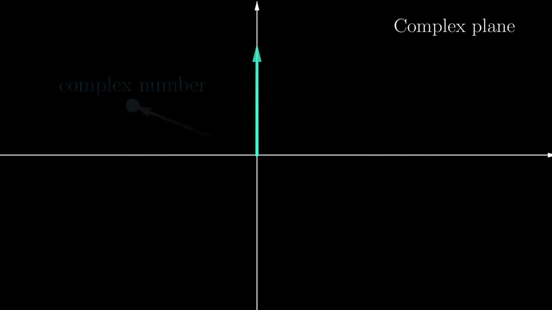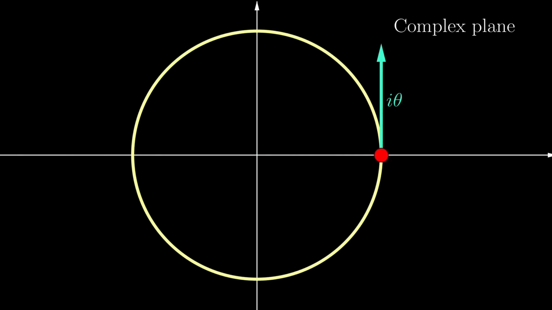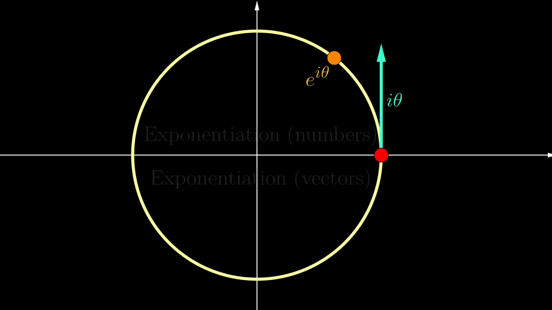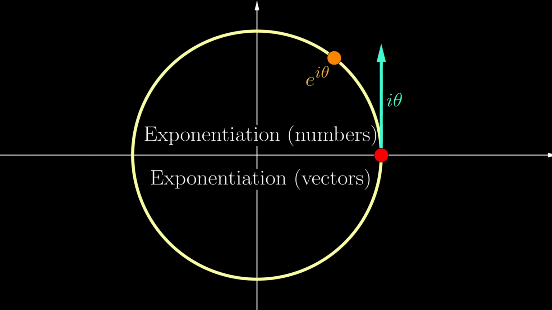So in the case of an upward vector, it corresponds to a purely imaginary number iθ. So with a tangent vector being described as iθ, if we exponentiate the vector during the parallel transport along the circle, we will get a point which actually is e^(iθ) in the complex number sense. So at least in this case, they are not just spiritually connected, they are literally the same in this case. The third level is that they are actually connected.